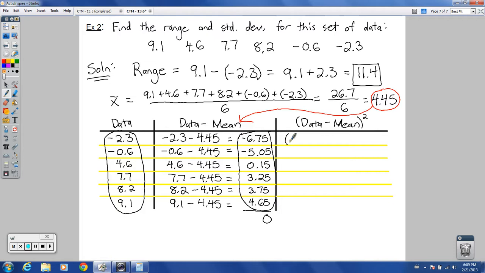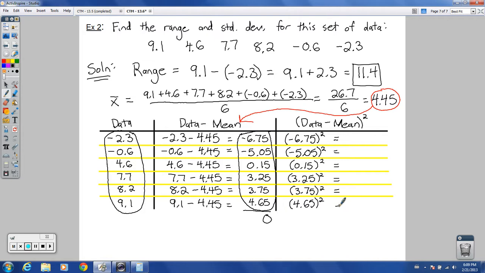And then from there, we're taking each one of these values and squaring it and seeing what we're getting. This is that, this is that, and so on, continuing the pattern. Just keep doing the same thing.